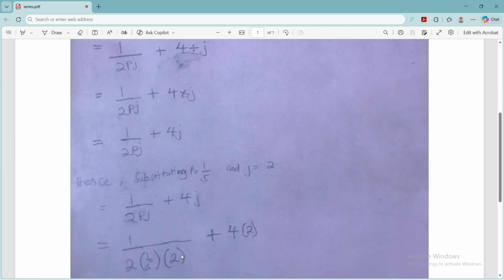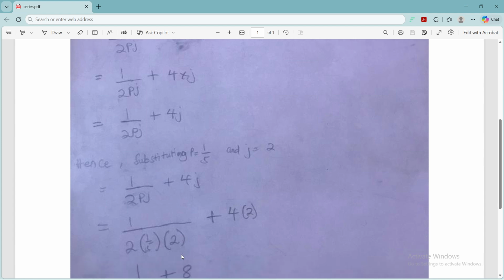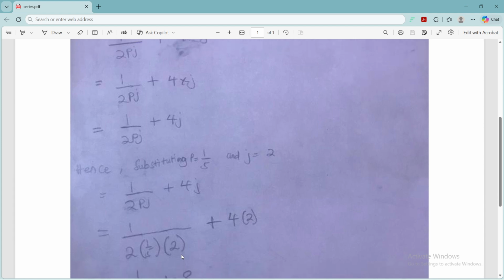And in substituting our values, where p equals the fraction 1 over 5 and j equals 2, right? So we are going to have the fraction 1 over 2 multiplying the fraction 1 over 5 multiplying 2 plus 4 multiplying 2, right? In simplifying further, we have 2 multiplying 1 over 5, right?